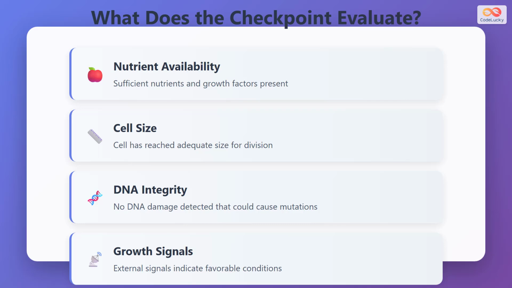So what exactly does the G1 checkpoint evaluate? There are 4 main factors. First is nutrient availability. The cell checks whether sufficient nutrients and growth factors are present in the environment to support the energy-demanding processes ahead. Second is cell size. The cell must have reached an adequate size for division, because dividing when too small would create daughter cells that are not viable.